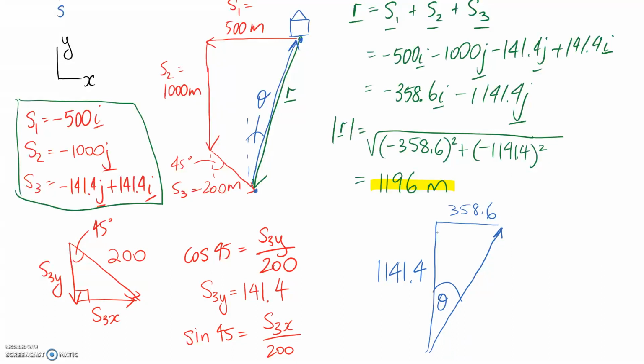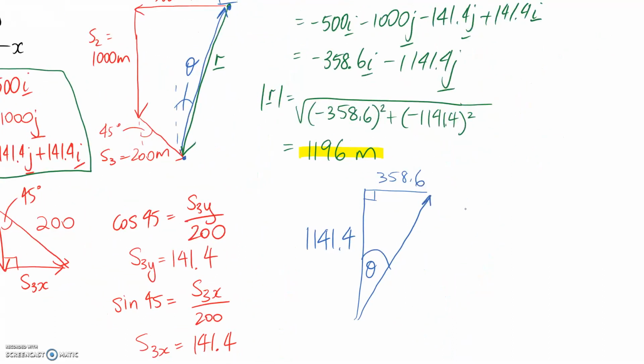So now we should be able to use sine, cos, or tan because that's a right angle triangle. So I'm going to use tan since I've marked in the opposite and adjacent, but of course if you wanted, this is also the 1196 meters that we worked out before, the magnitude of that line. So if I'm going to use tan, that means that tan theta is equal to the opposite over the adjacent.